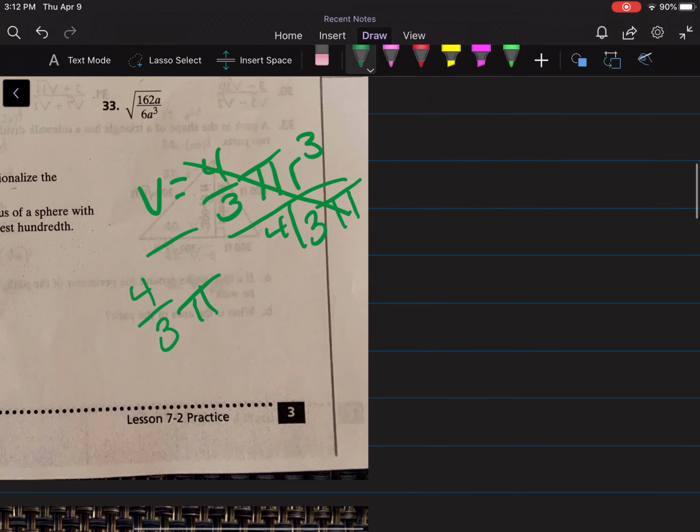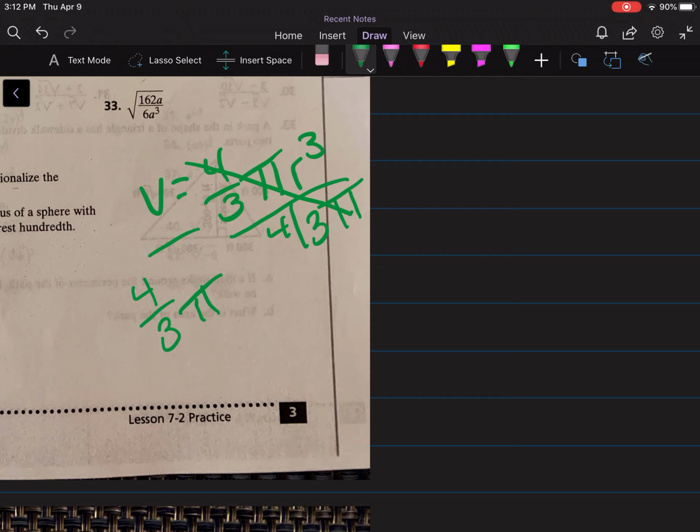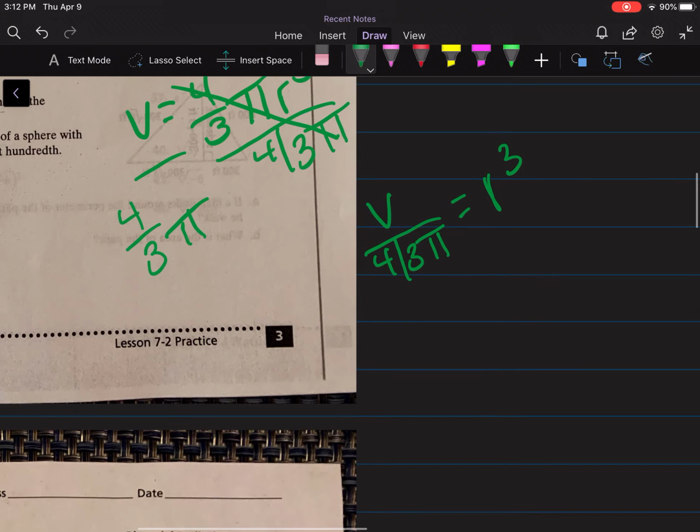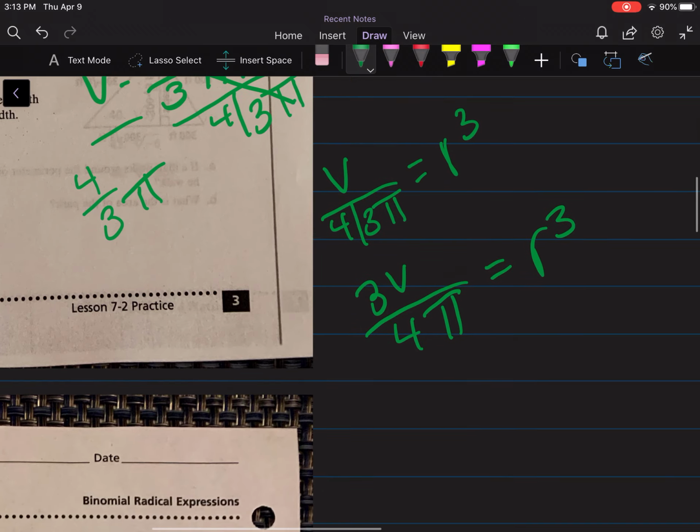Those cancel out, and that's going to leave me with v divided by 4/3 pi, which is really equals r to the cubed, which is really 3v over 4 pi equals r to the third.